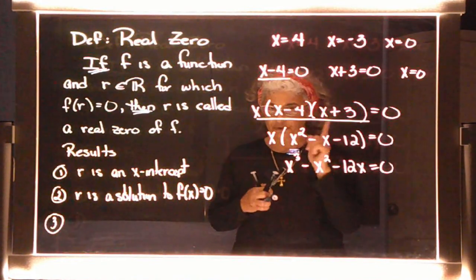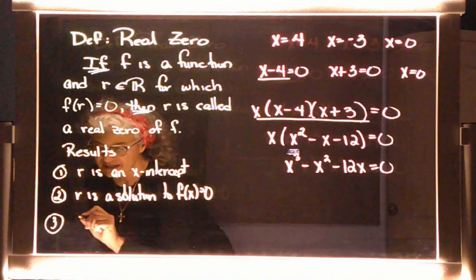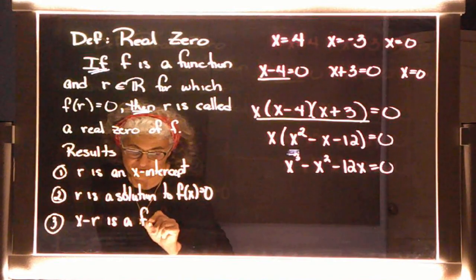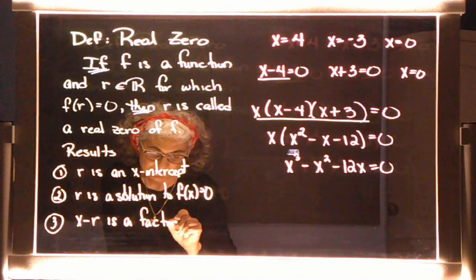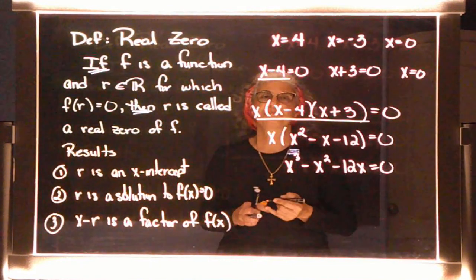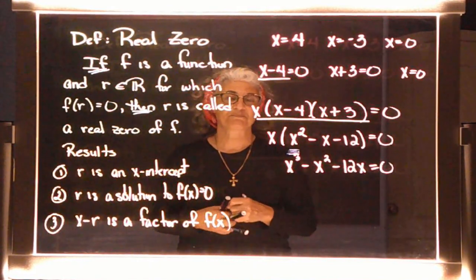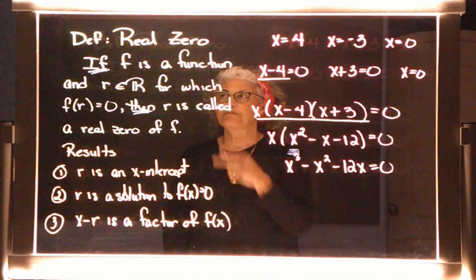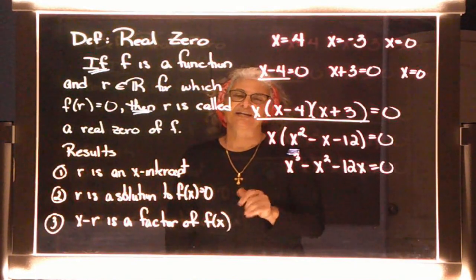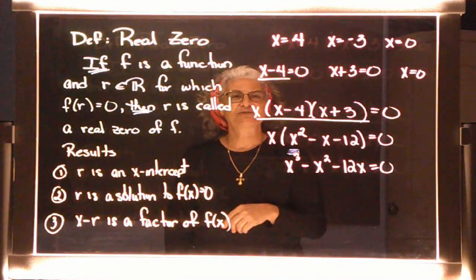Okay, so hear what I said then. That means that x minus r is a factor of that function. You with me? 3 results based upon this definition. Cool? Okay, hang in there. I'll be back with another.